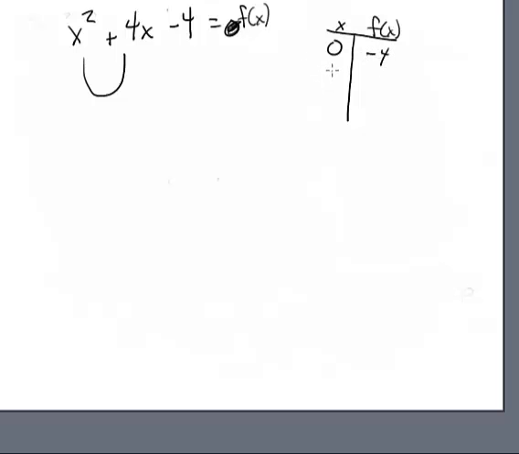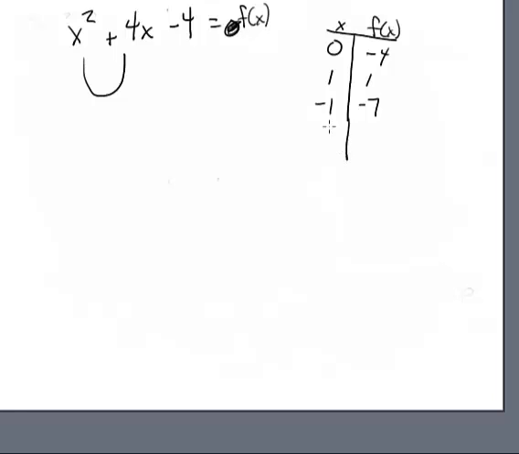If I put 1 in here, 1 squared is 1, plus 4 times 1 is 4, 1 plus 4 is 5, minus 4 is 1. Now we need more than 2 points because this is not a line. We know it's a parabola and we know it opens up. If I put negative 1 in, negative 1 squared is 1. 4 times negative 1 is negative 4. 1 and negative 4 is negative 3. Minus 4 is negative 7.